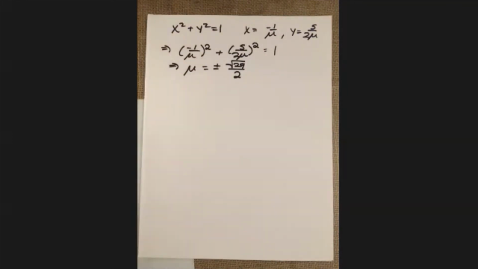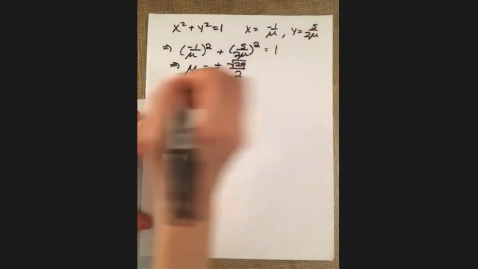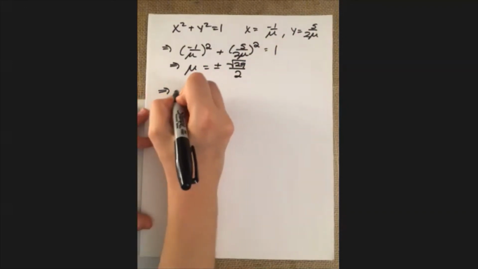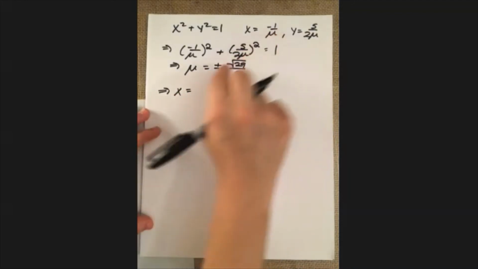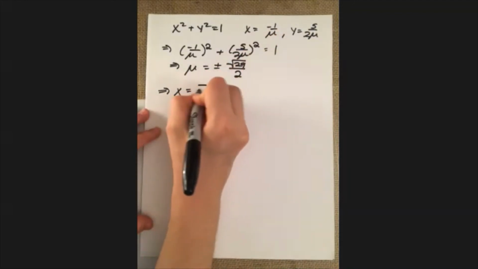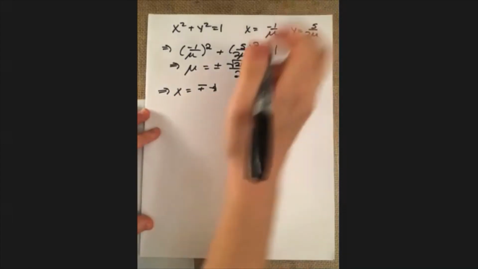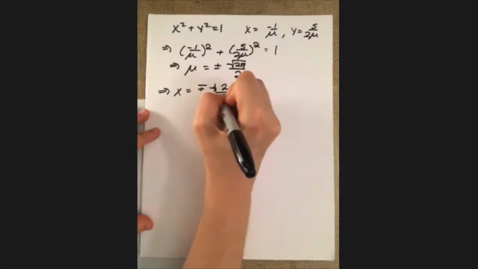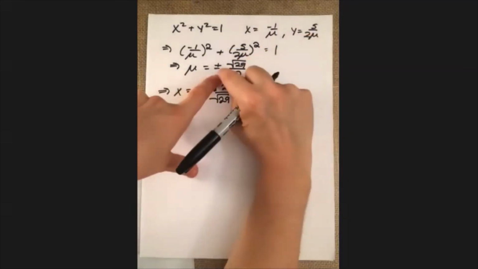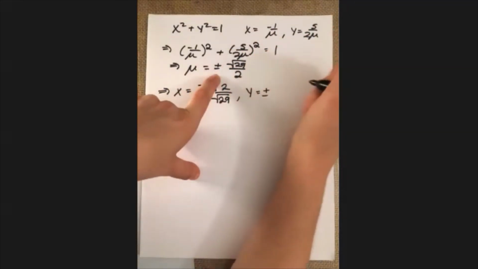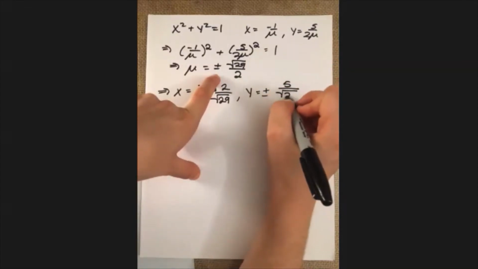Substituting this back into these two expressions, we get that x is equal to, it's going to be flipped from whatever mu is, so I'll denote that with a minus over a plus, of 2 over root 29. And then y follows the sign of mu, so it's plus or minus 5 over root 29.